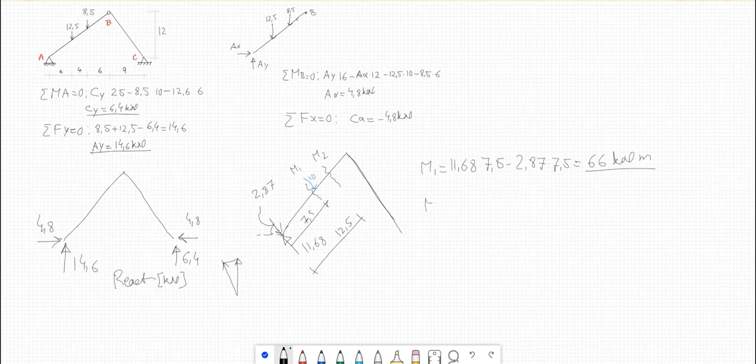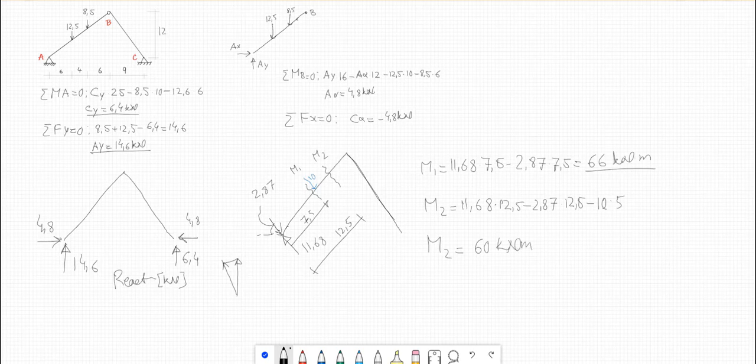So if we take moment at point M2, we have 11.68, and also we have 2.87, and this time we have the contribution from the load 12.5. If you calculate for the perpendicular to the beam, it will be the sinus. From sinus it will be 10 kilonewton. So M2 will be 60 kilonewton meter.